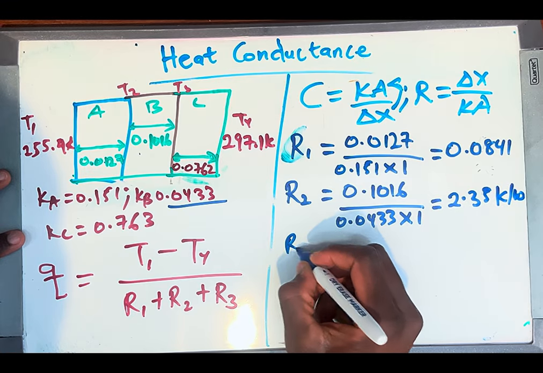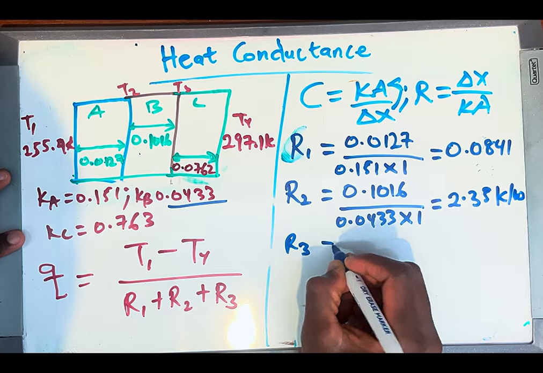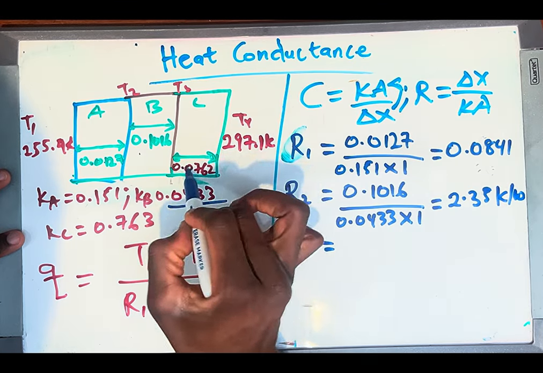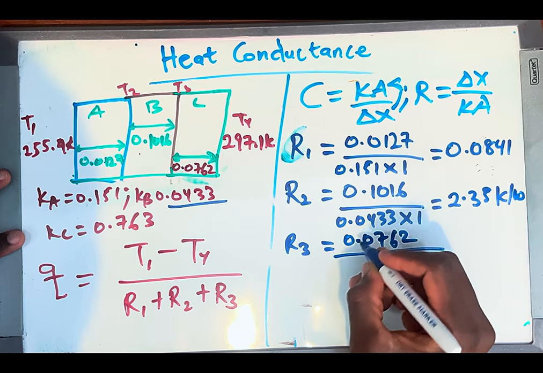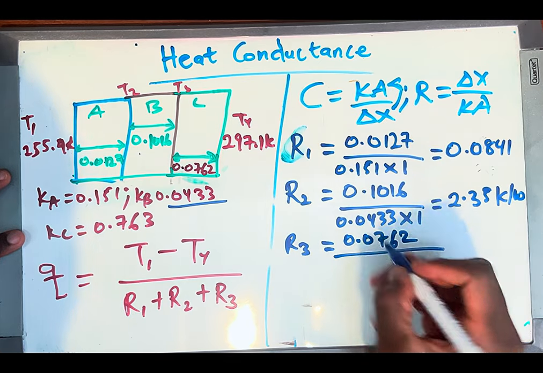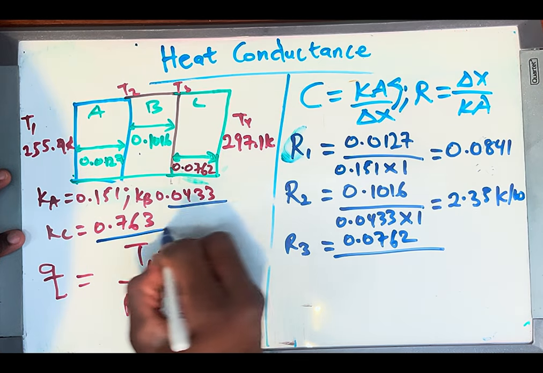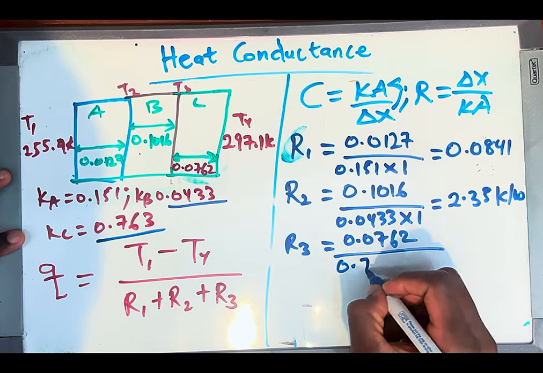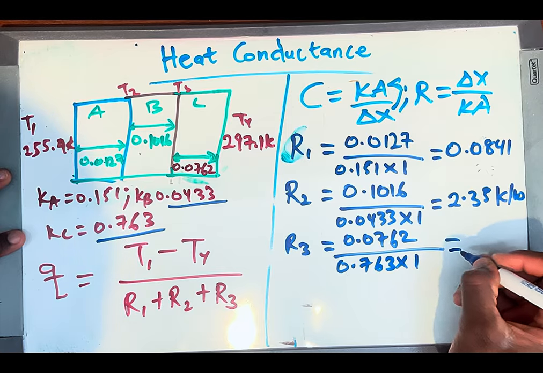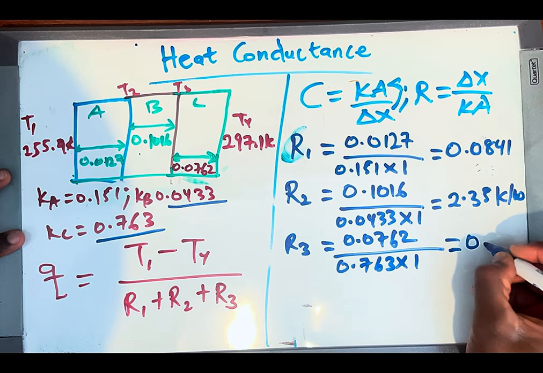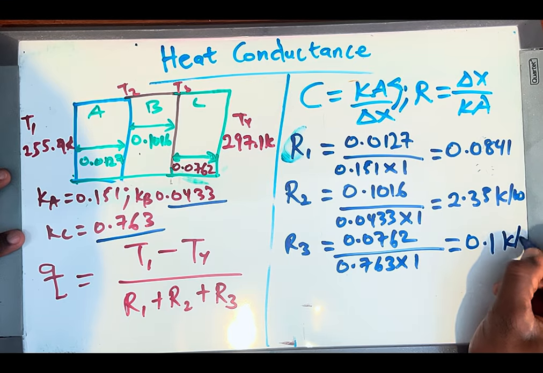And then the last one, R3, will be the thickness, which is 0.0762, over its thermal conductivity, which is 0.763, multiplying the area, which is 1. And this one too will give us 0.1 Kelvin per watt.